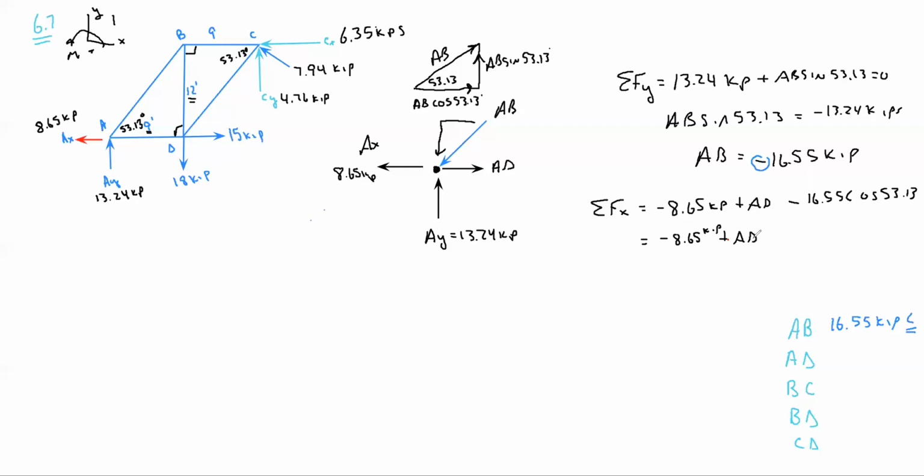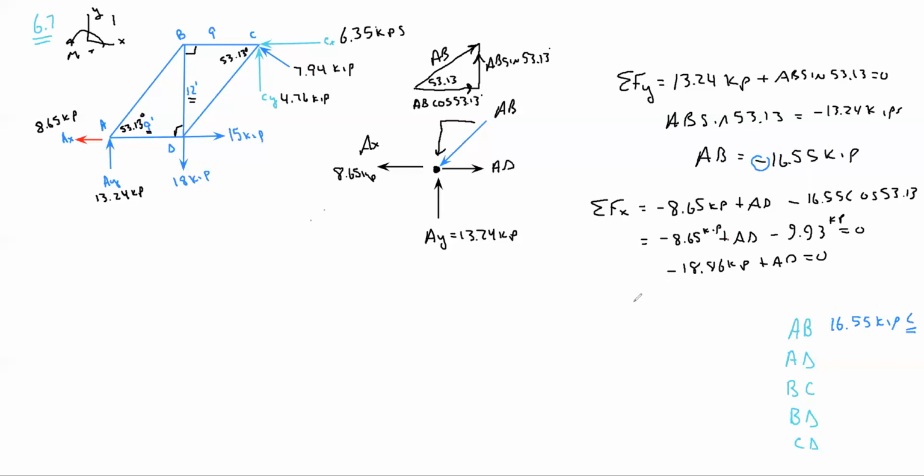Negative 16.55 cosine 53.13 is equal to negative 9.93. Combine those like terms, and we get negative 18.86 kips plus AD is equal to 0.